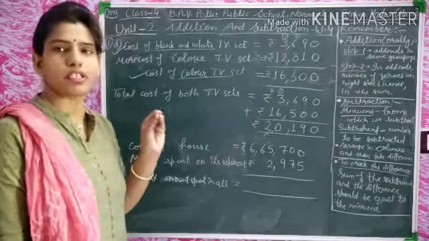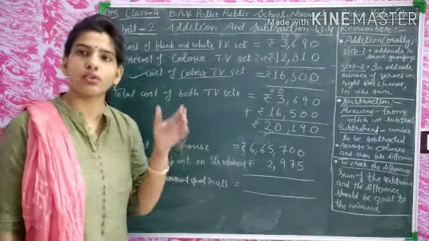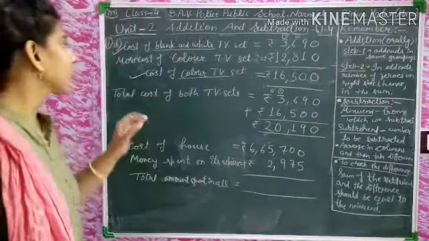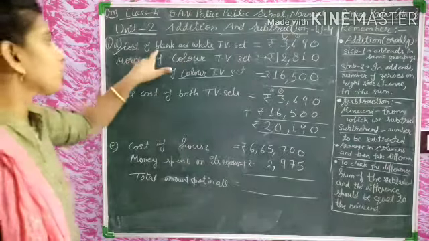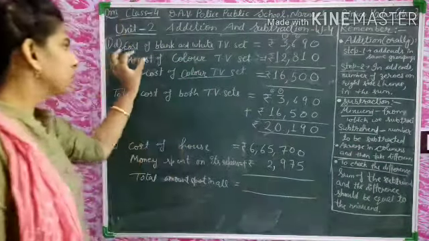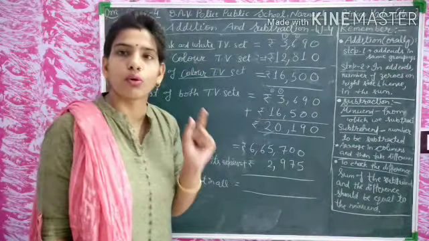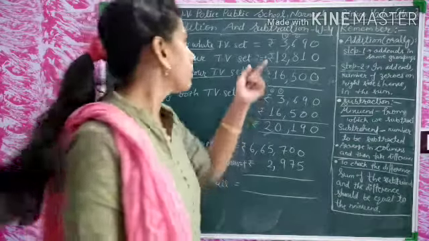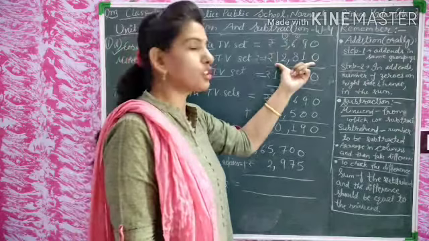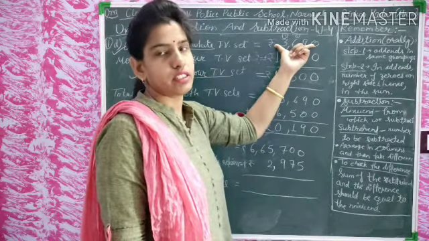This is a somewhat typical question, but if you can easily understand the language, then you can easily solve it. I will again repeat this question. The color TV set costs more than the black and white TV set, the extra cost is 12,810, and the cost of the black and white TV set is 3,690.